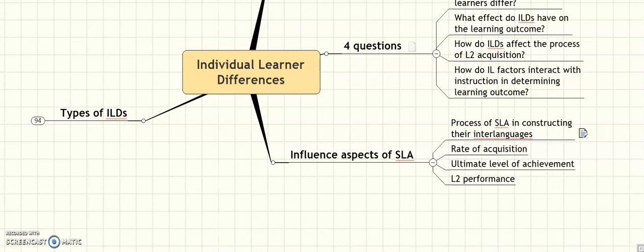And then also an area which is influenced by ILDs is second language performance. How an individual performs in listening, in speaking, in reading, and also in writing, as well as, for example, in translating text and also in interpreting.